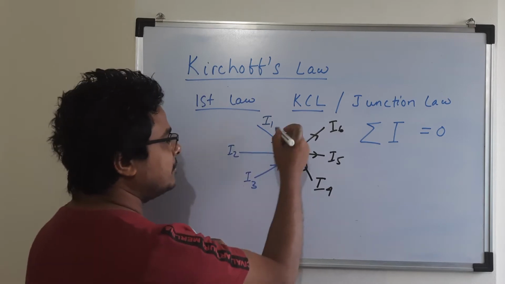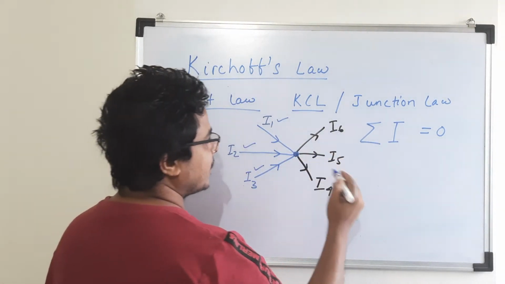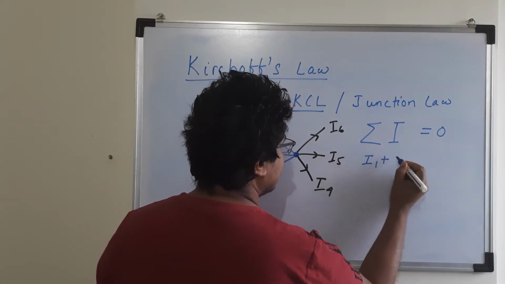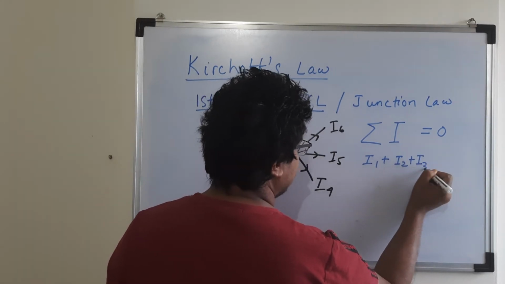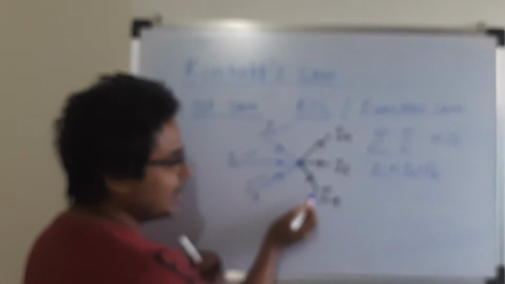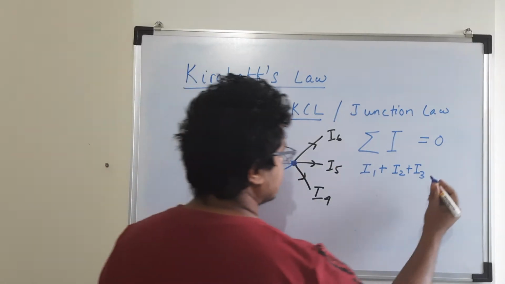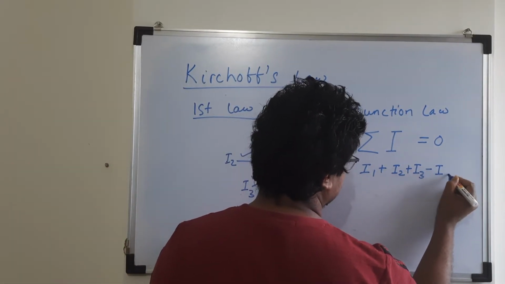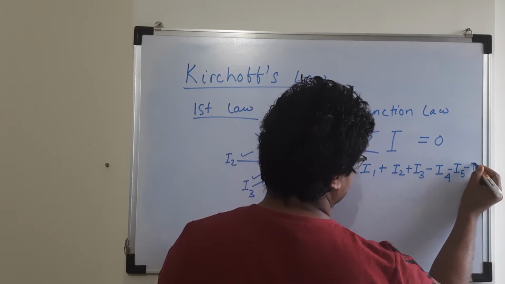All the incoming currents, I1, I2 and I3, are considered positive, so I write I1 plus I2 plus I3. All the outgoing currents, going away from the junction, I4, I5 and I6, are considered negative, so minus I4, minus I5, and minus I6.